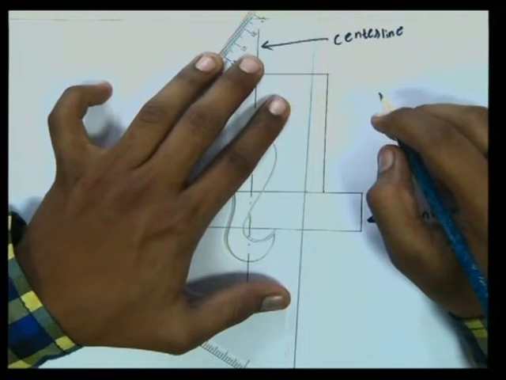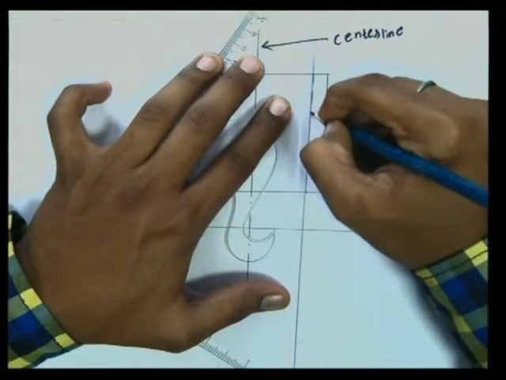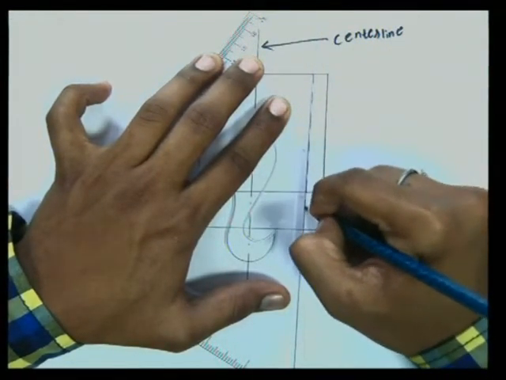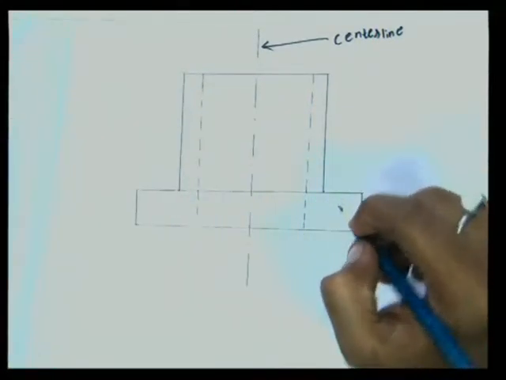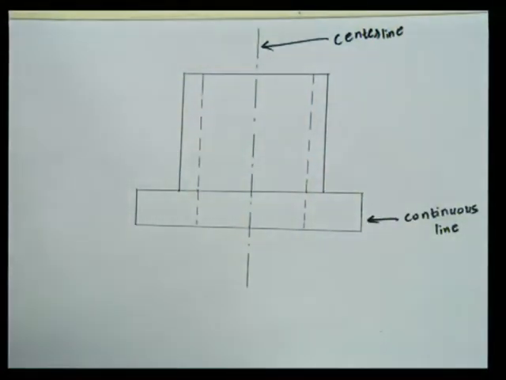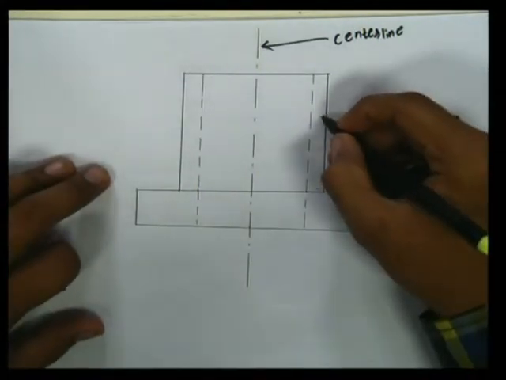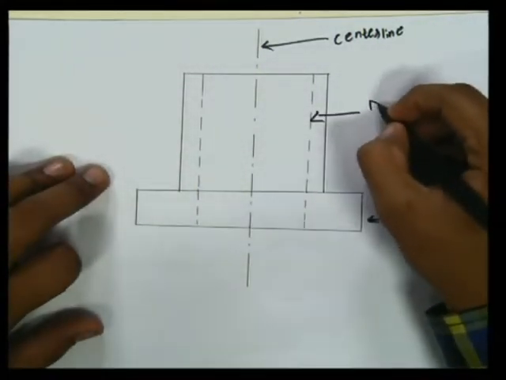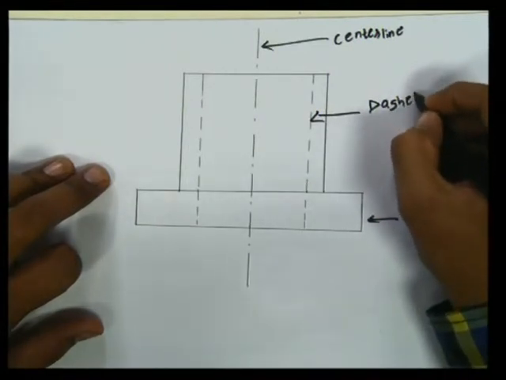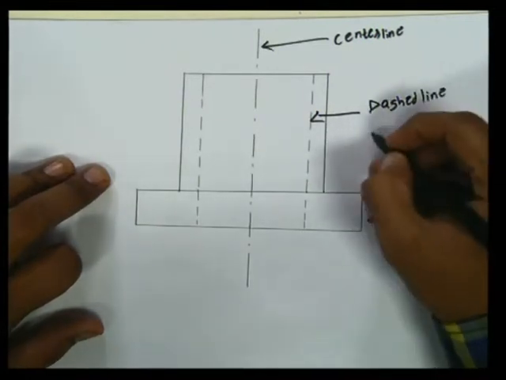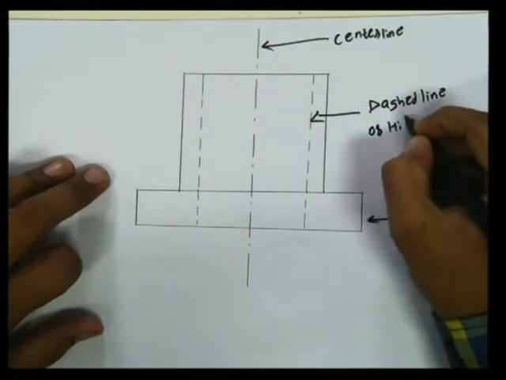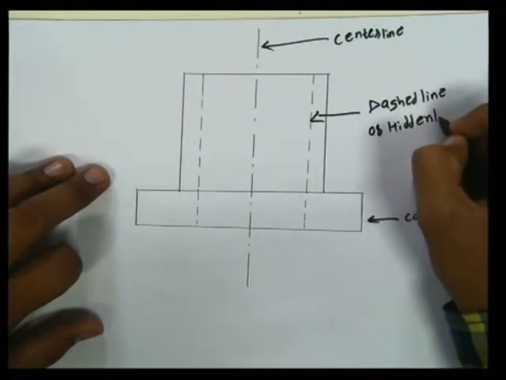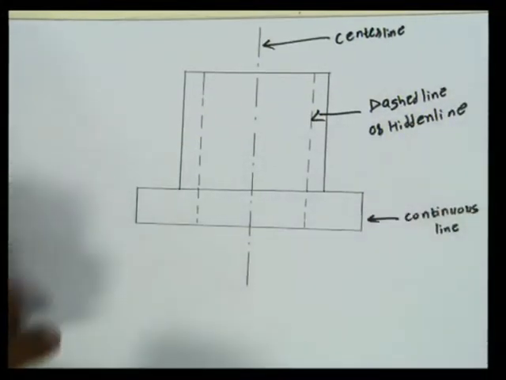This is a through hole. These are called dashed line or hidden line.